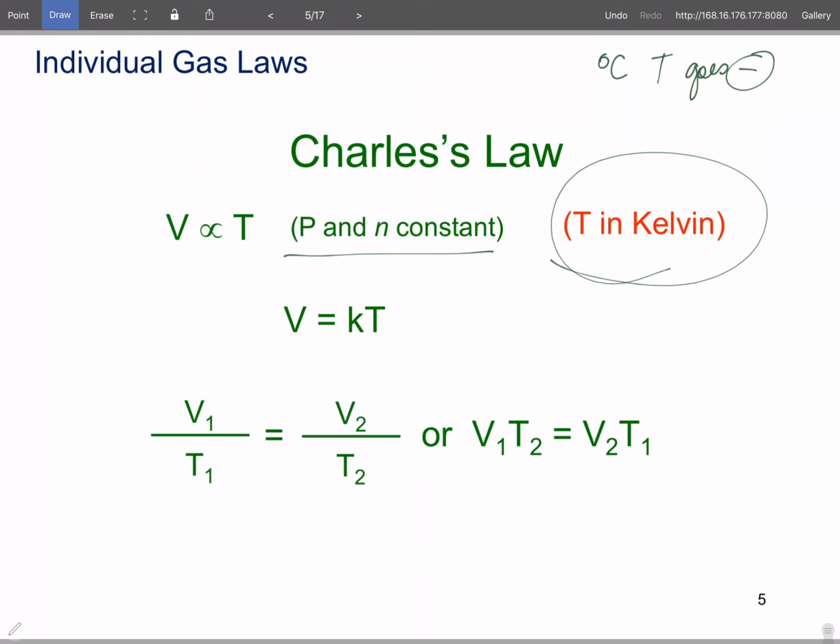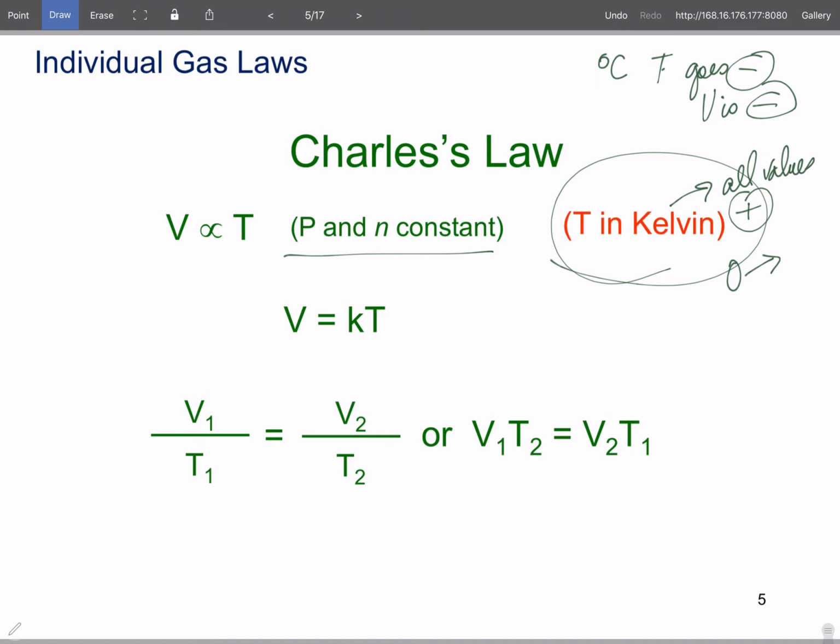If temperature is negative, then volume is negative. But you can't have negative volumes. How do you measure a negative cup? Can't do that. So Kelvin is the only scale where all the values are positive. You start at 0 and you go up. So all the temperature has to be in Kelvin. Okay.